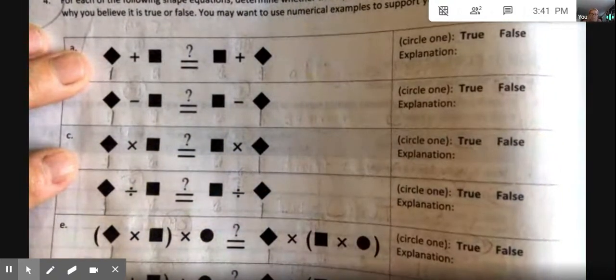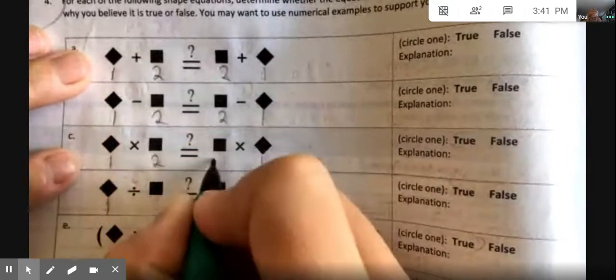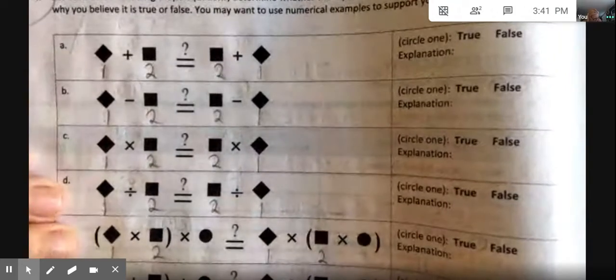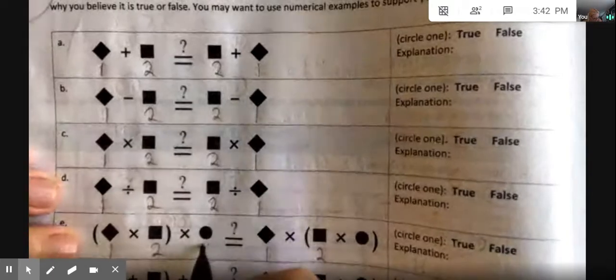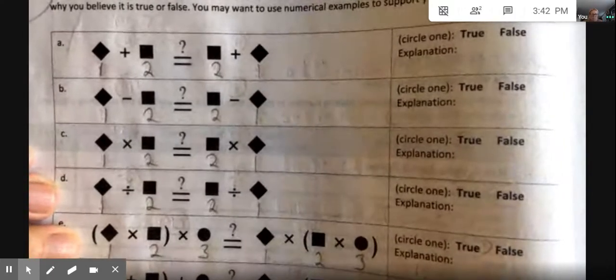Is that how you say the plural of rhombus? And let's make the square 2. And we've got circles, so let's make circle 3. Working with some easy numbers.